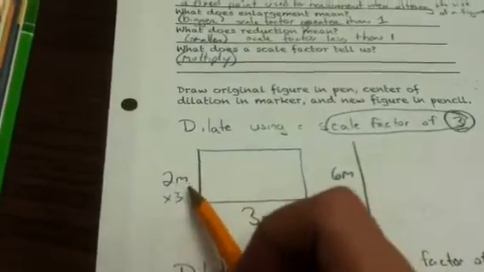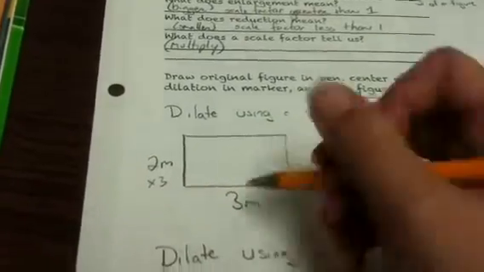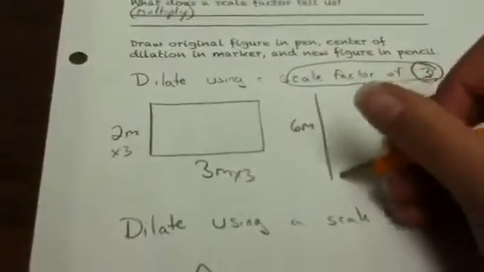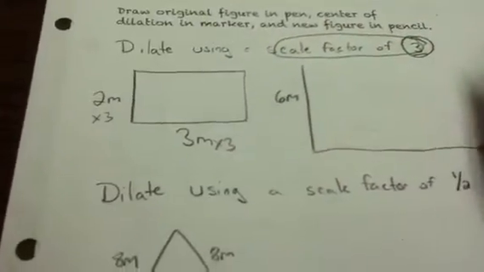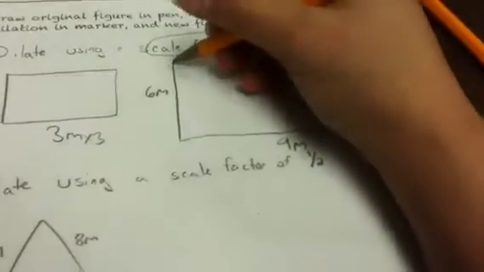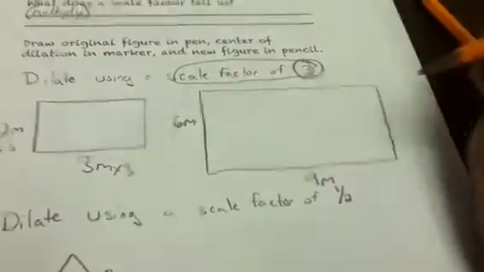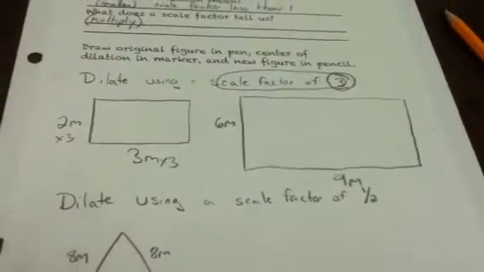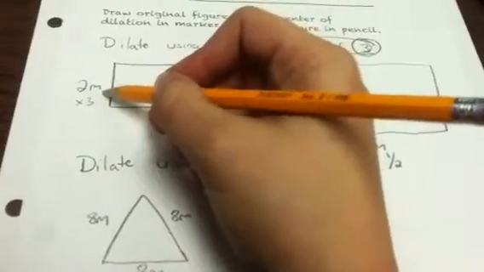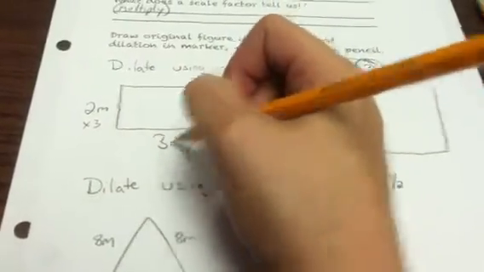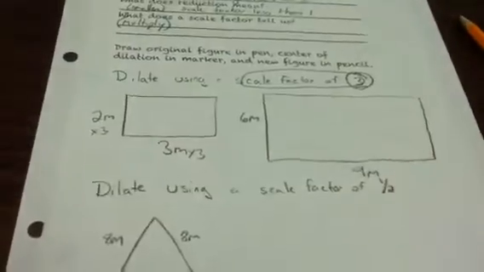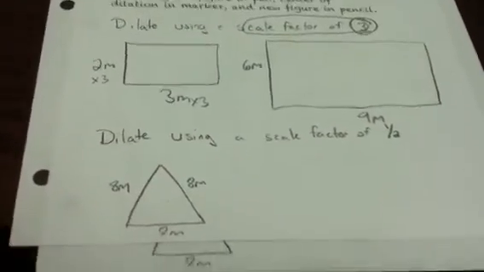So this side went from being 2 to being 6. Now 3 times 3 gives us 9 meters. So we have just dilated that figure. It went from being a 2 meter by 3 meter to now being a 6 meter by 9 meter.